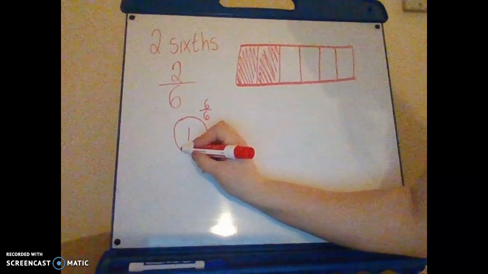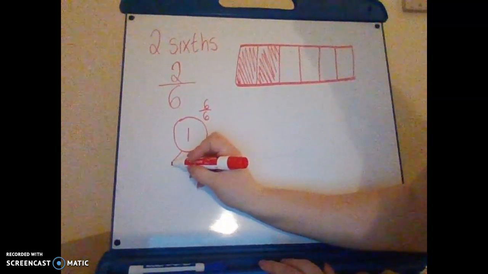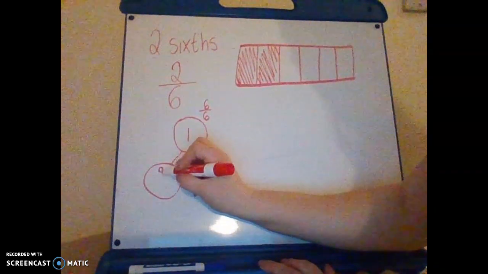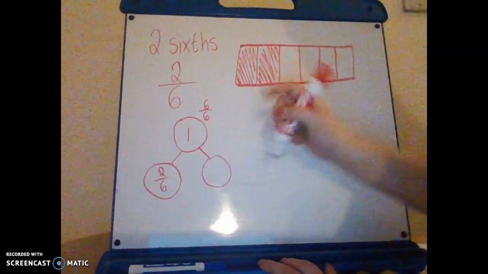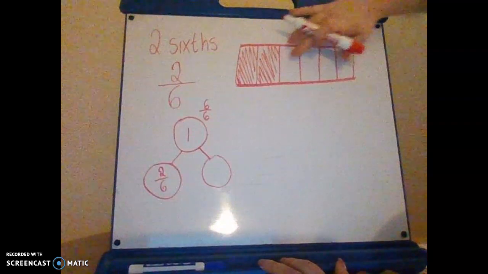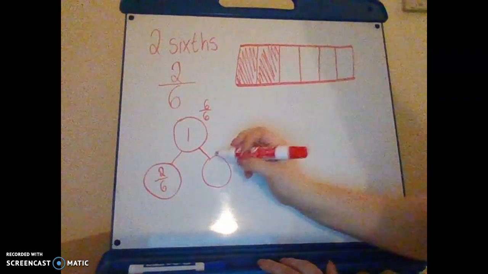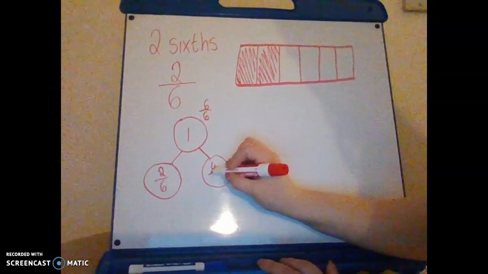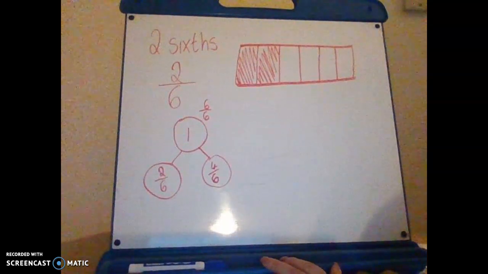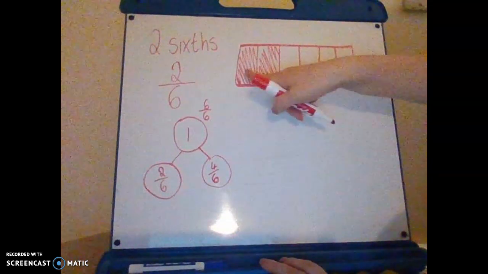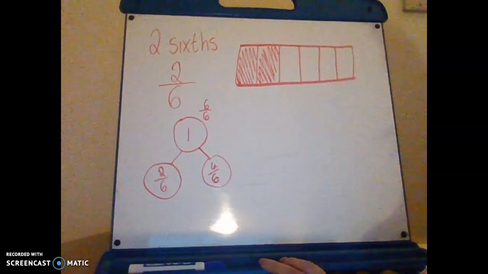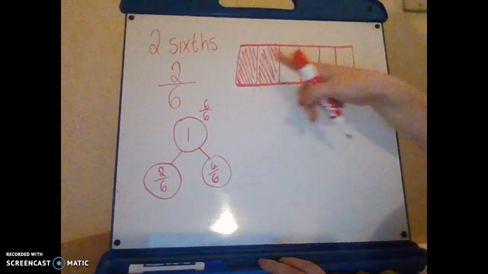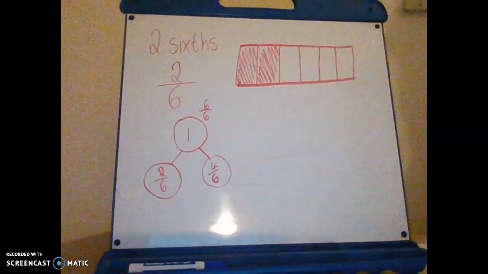So our shaded part we have 2/6, and our non-shaded part makes up the rest of our whole, which is 4/6. Okay, so 2/6 are shaded, and 4/6 are not shaded.